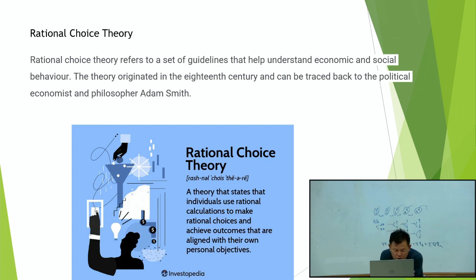Rational choice theory states that individuals use rational calculations to make rational choices and achieve outcomes that are aligned with their own personal objectives. It means each individual first uses rational calculation. Nowadays we say it is the data.